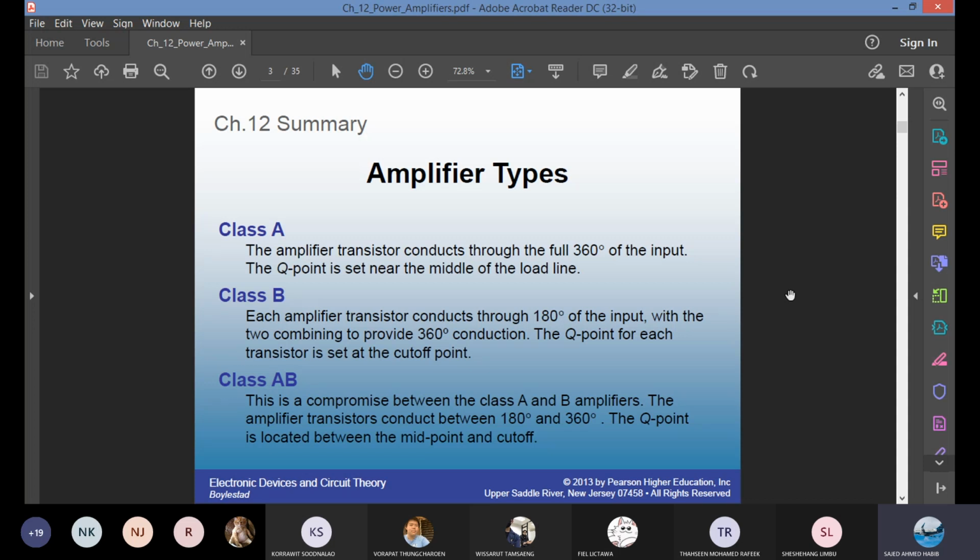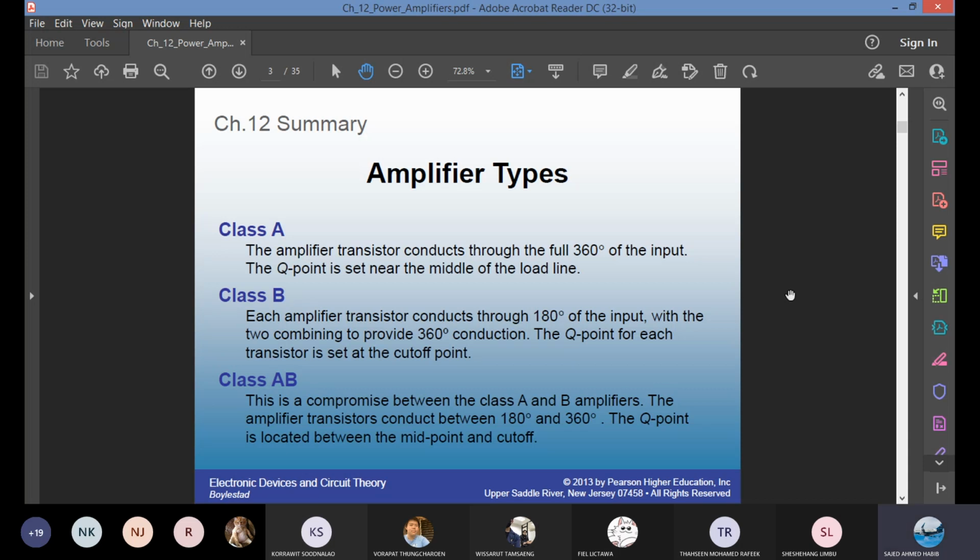It means it outputs the full conduction cycle. The operating point, the Q point, is set just near the middle of the load line.